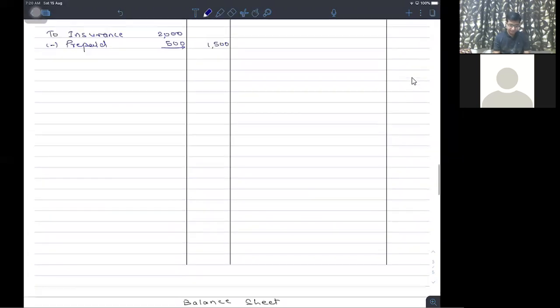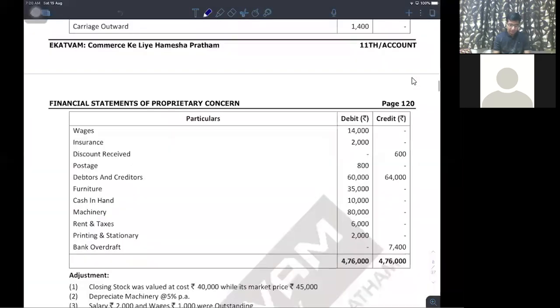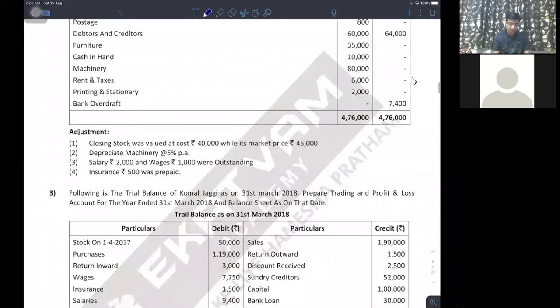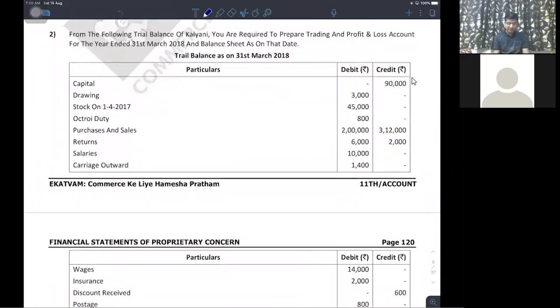Next, all adjustments done. Now we need to go back to the trial balance. The very first item given in trial balance is capital, next is drawing.